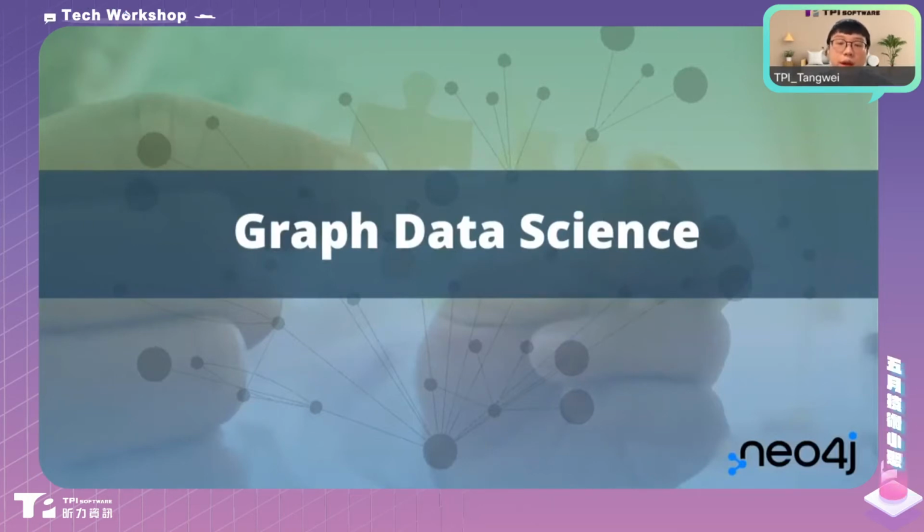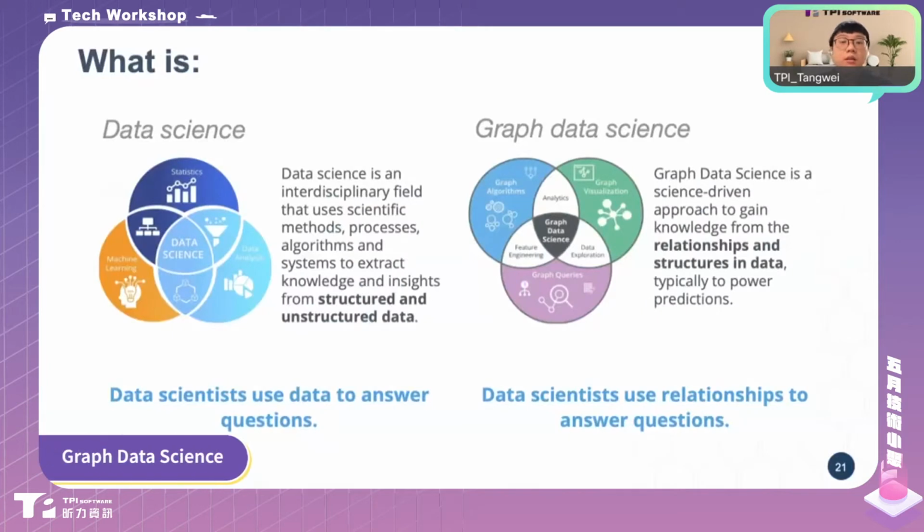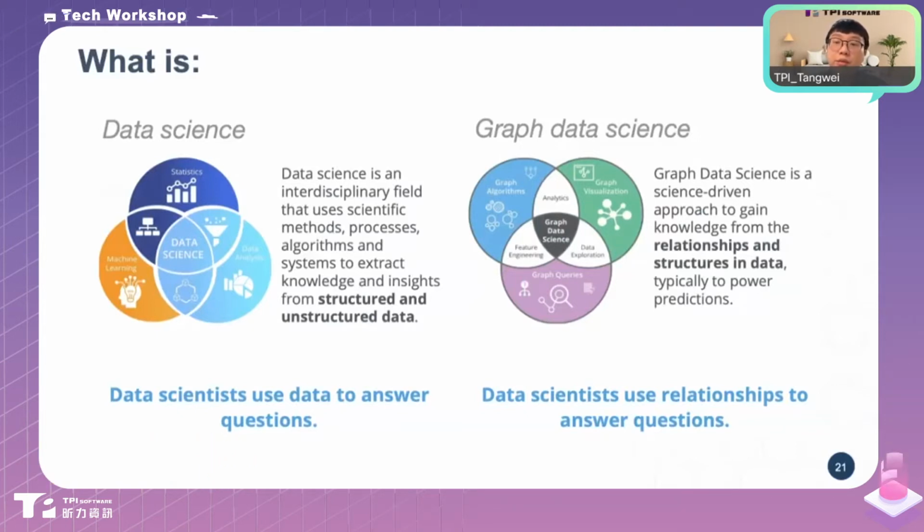After we have some basic knowledge of graph data from Robin, I think we can move to graph data science. We all know data science is answering questions using data. What is graph data science? In Neo4j, we like to say relationships are our key factor. Graph data science is basically using the relationships between your data points to answer questions.